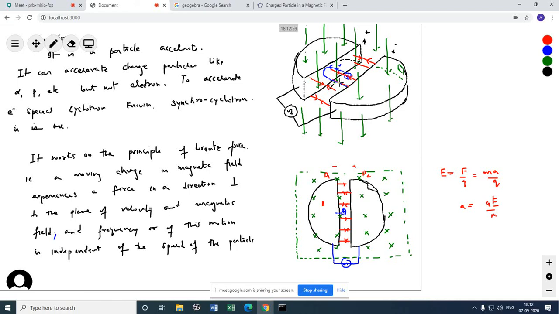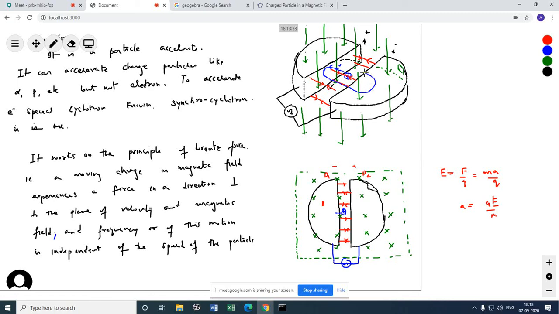So now its velocity again increases. As its velocity increases, it again enters the D2 perpendicularly. As it enters the D2, it covers a circular path of greater radius and comes out near the entering position, but with a greater radius, in that same time t only.